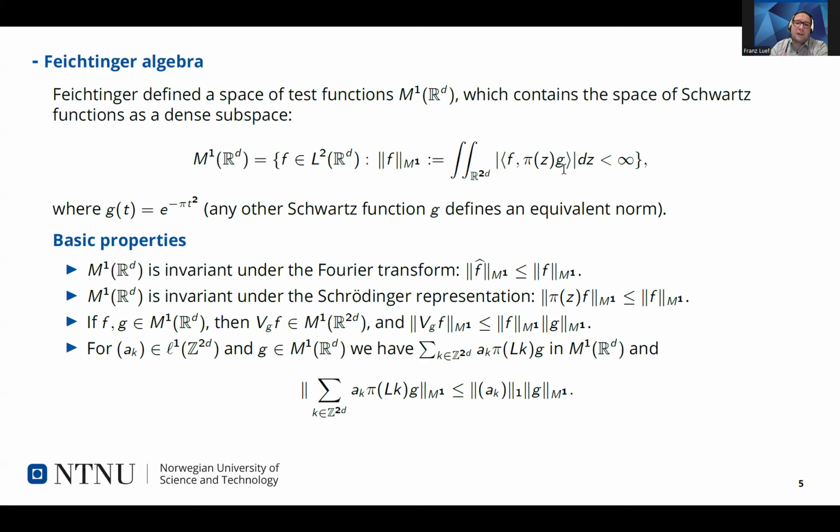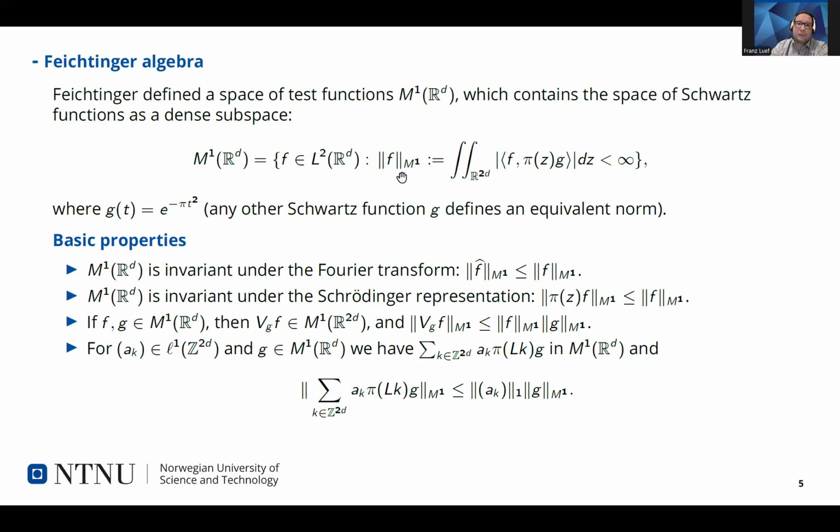It looks a priori like the definition of this space depends on g, but using some basic representation theory, you can show that it does not depend on g, and so you're actually free to choose whatever you want. Of course, a very common choice is the Gaussian, but you could also take any other Hermite function, or whatever you find useful.